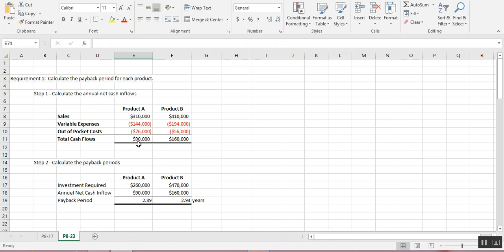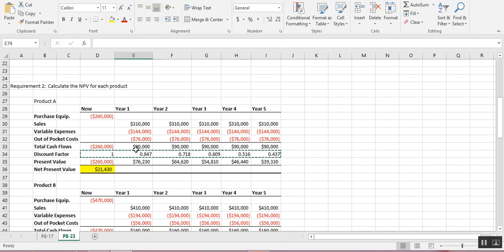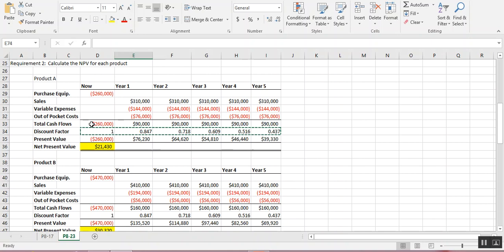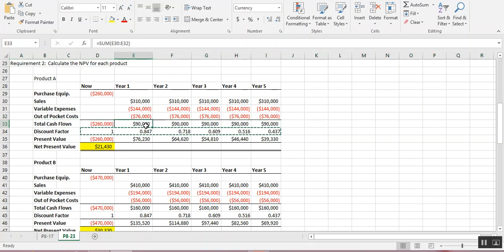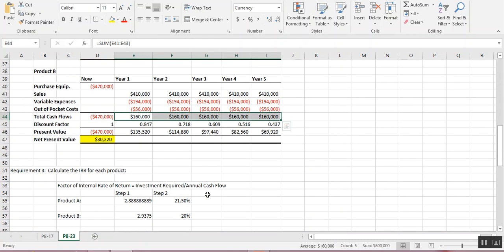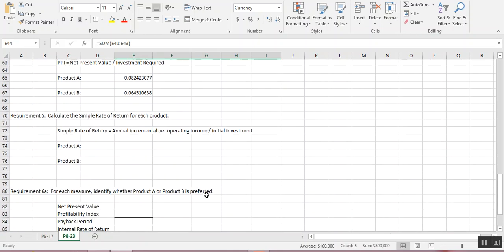You can get it from step 1 in requirement 1, which was the $90,000 for product A and $160,000 for product B. Or if you want to stick with using the requirement 2 chart, we had the same numbers in that line there that says total cash flows, and that the annual incremental net operating income, what a mouthful, that is the $90,000 and the $160,000 for product B. So let's go back down here.